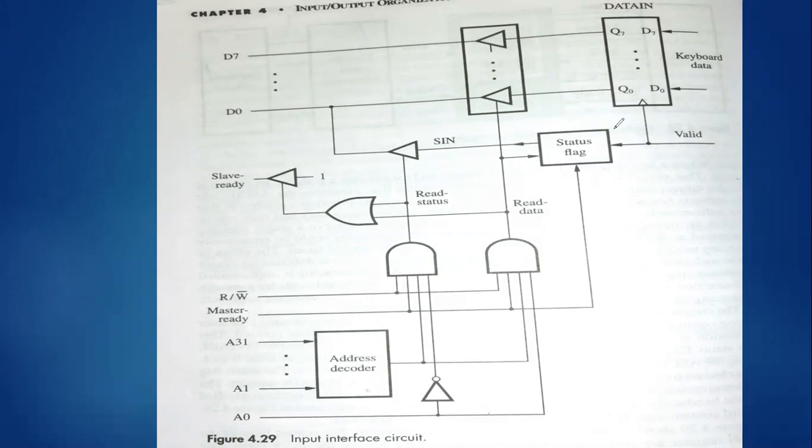Now data is available in the data in, along with the valid signal we are generating. After this valid signal is received by the status flag, as I told you, 4 to 5 different inputs are available. First one, later the master ready signal, if it is generated, will also be consumed. Later, the read data signal, if it is available, will also be consumed by this status flag.